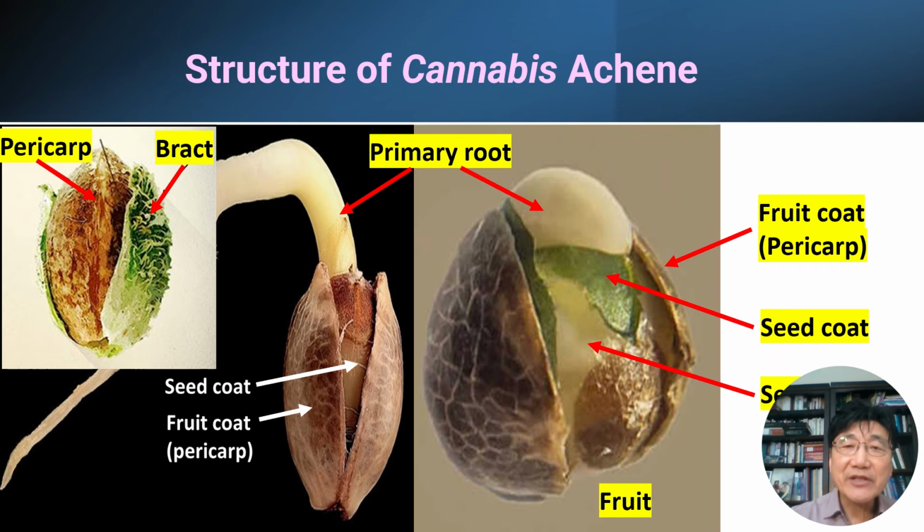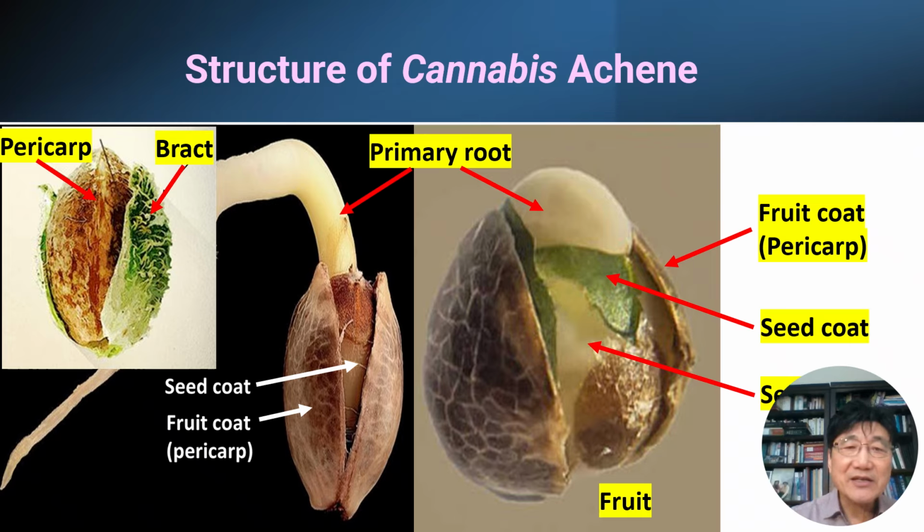This slide shows the structure of a cannabis fruit at the germinating stage. The cannabis fruit is enclosed by a green floral bract, which is characterized by its hairs and glandular trichomes. An achene is a one-seeded dry fruit.